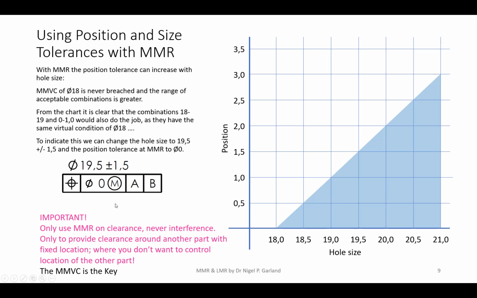Well, you can't unless you apply either the maximum material requirement symbol or least material requirement, and we're going to look at least material requirement in a moment. But in this case, you can expand down and include these possible outcomes, and again, we're not breaching our maximum material virtual condition of 18. We're applying everything that fits under that MMVC line.